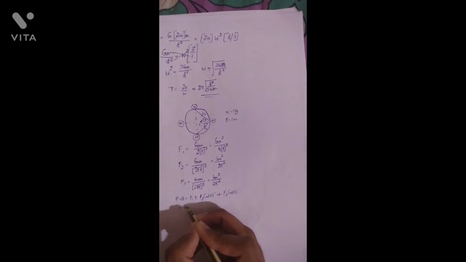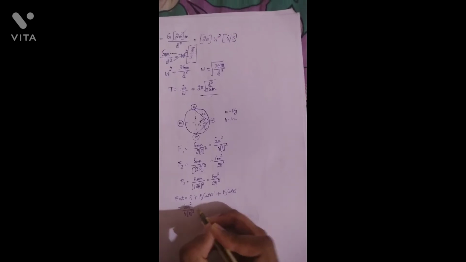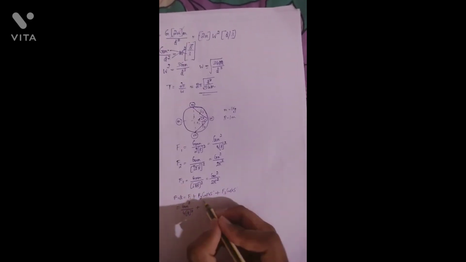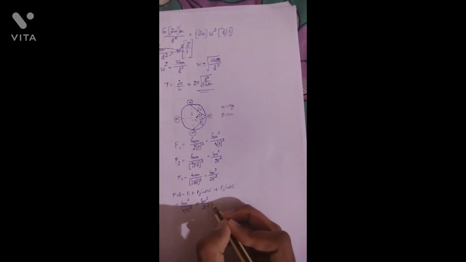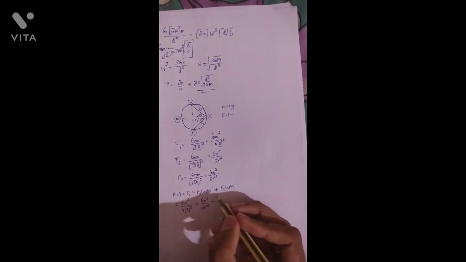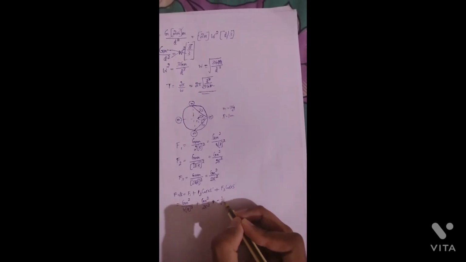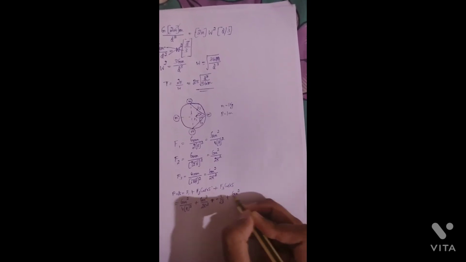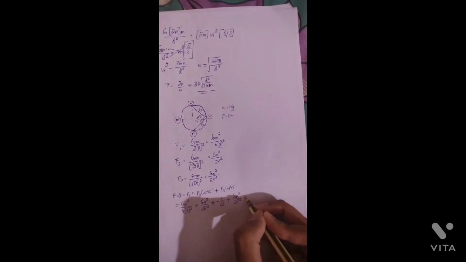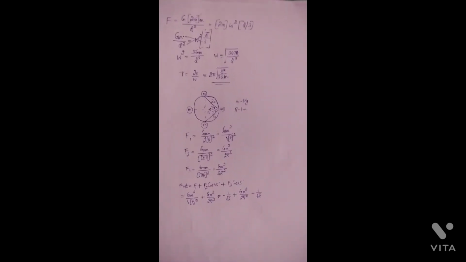F1 is equal to GM square by 4R square plus F2 cos 45 will be GM square by 2R square, and its cos 45 will be 1 by root 2. Now F3 formula will be GM square by 2R square, and cos 45 same, 1 by root 2. Okay, this is the formula you have taken.